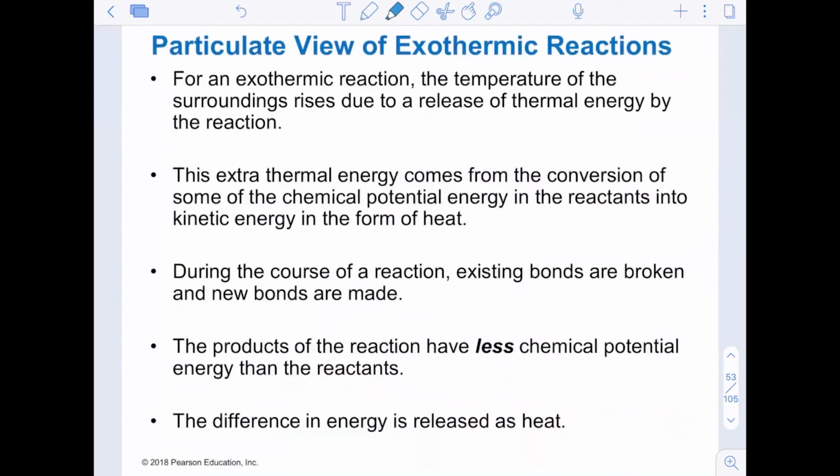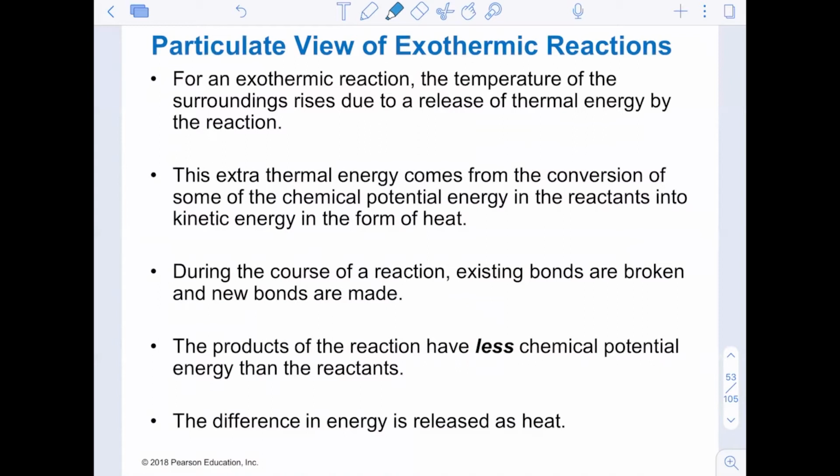The particulate view for an exothermic reaction. Thinking about the particulate view, we're talking about the molecules themselves. The temperature of the surroundings rises due to a release of thermal energy. This extra thermal energy is coming from the conversion of some of the chemical potential energy, the bonds, in the reactants into kinetic energy in the form of heat.